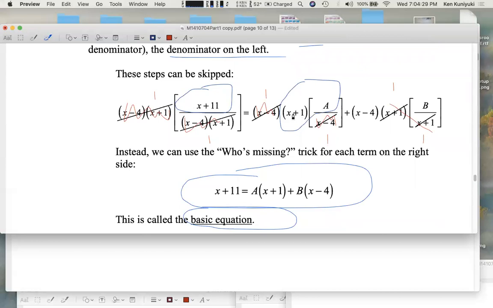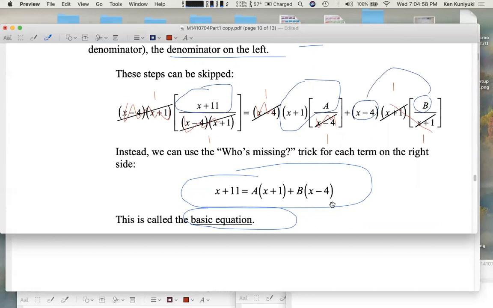Well, the A up here, and also the factors out here that are missing from the bottom. Well, x minus 4 was down there. x plus 1 was missing from the LCD that we're multiplying by. The LCD is all of this over here. Over here, x plus 1 was on the bottom. Who was missing down there? The x minus 4. That guy survives, and we attach him to the B up here.